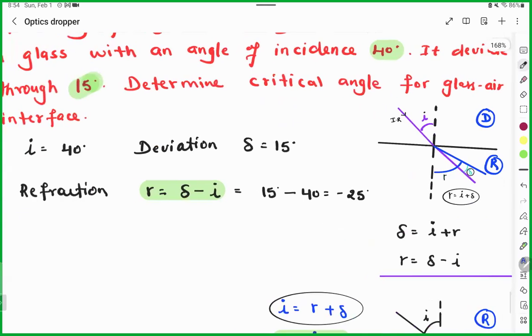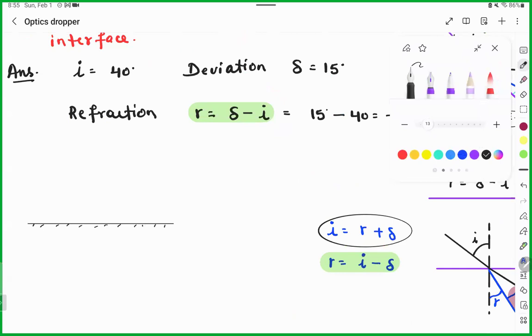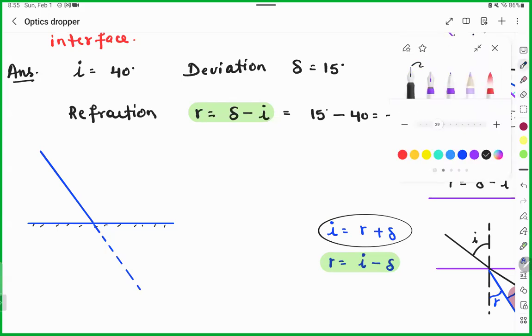We discussed the diagram of reflection. If the incident light falls like this, it should have gone straight like this. In reflection, I'm talking about. It should have gone straight. But what happened in case of reflection?